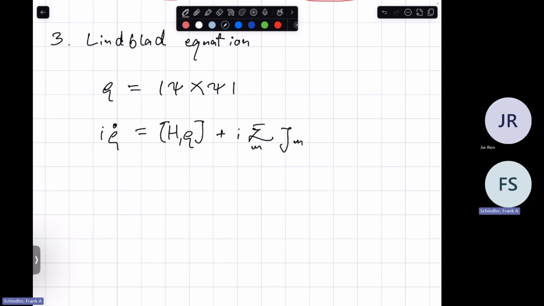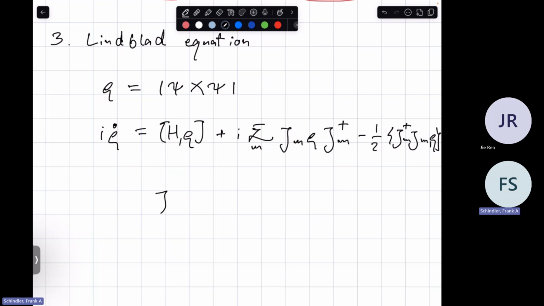These are called jump operators, J_m, and then there's J_m dagger J_m. The first time you look at it, this equation looks a bit weird. But you can check, for example, that it preserves the norm of the density matrix, that the density matrix eigenvalues remain classical probabilities, and that it keeps it Hermitian, and so on.